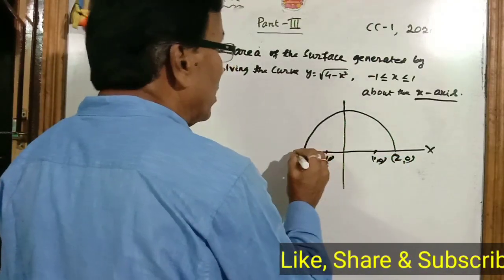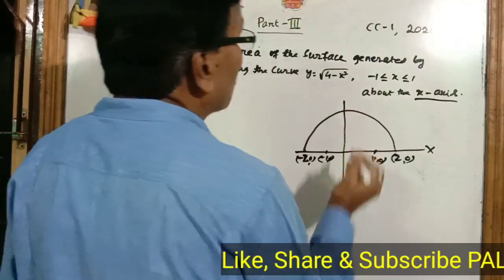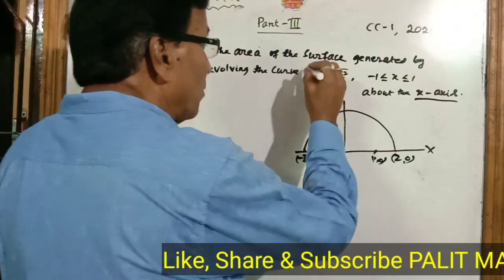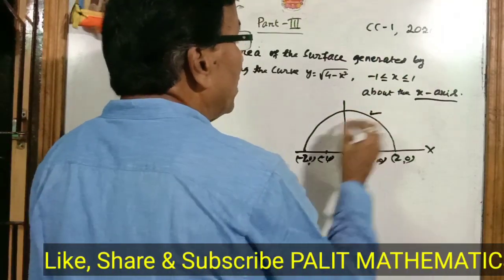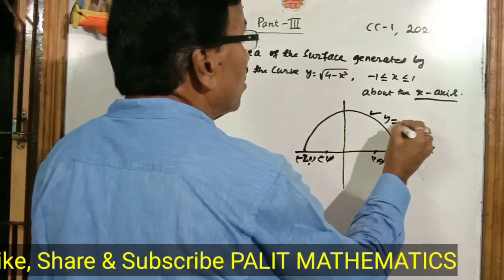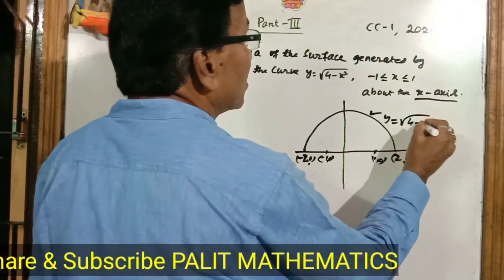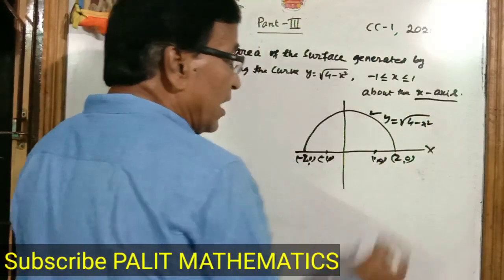So we have to find the area of the surface which is generated by revolving this curve y is equal to square root of 4 minus x square about the x-axis.